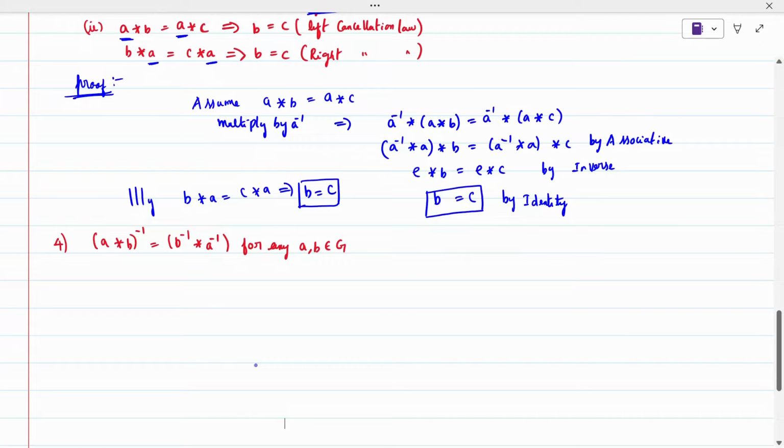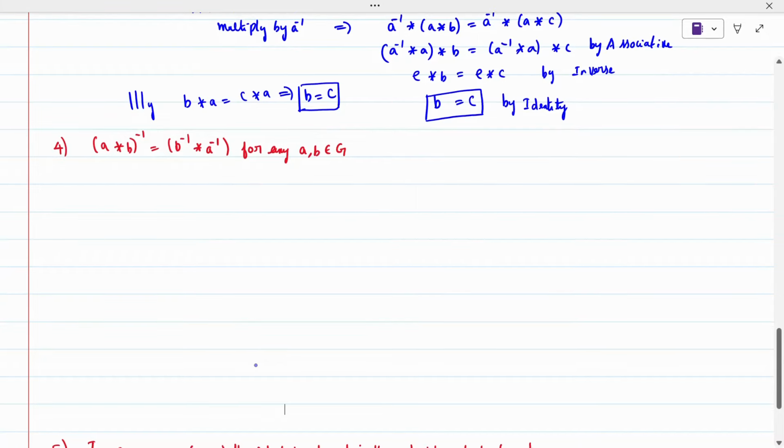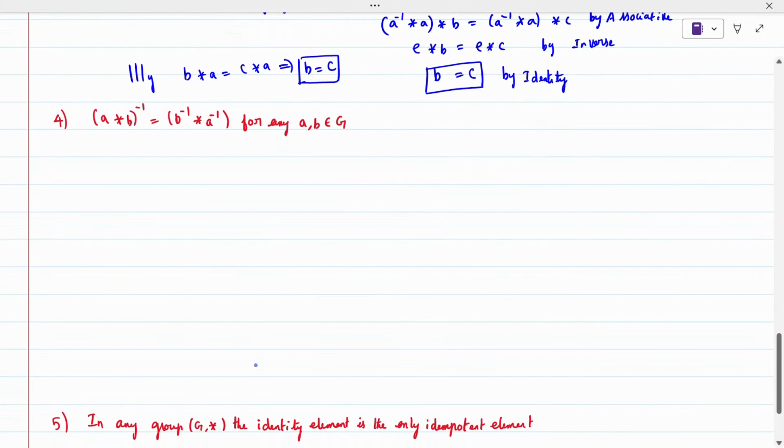Okay. The fourth property: (A star B) the whole inverse is nothing but B inverse star A inverse. So now, how can I prove it? First I will take A star B the whole inverse.